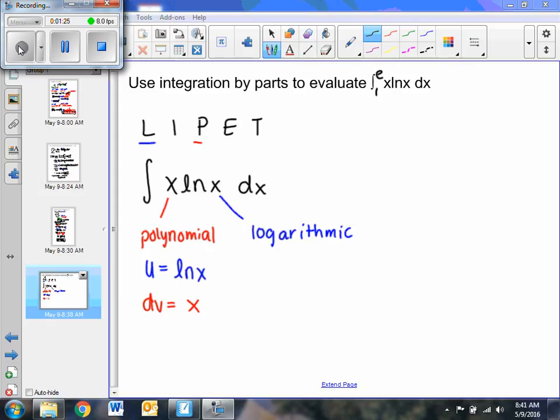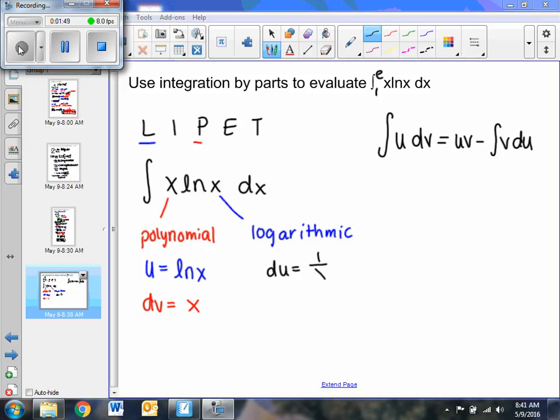Now recall, this u and dv are coming from our integration by parts formula, which tells us that the integral of u dv will be u times v minus the integral of v du. So now we have to find du. Well, we find that by taking the derivative of natural log x.